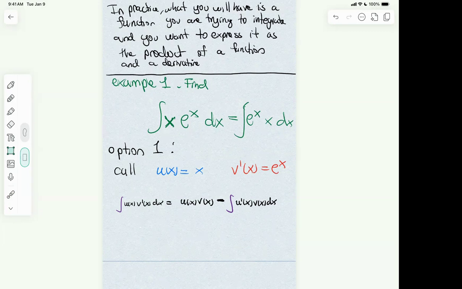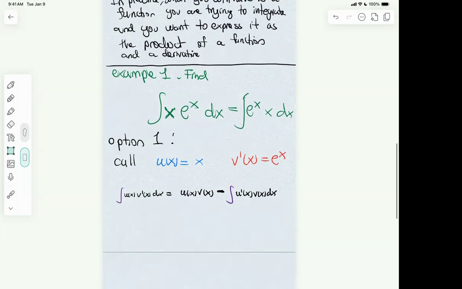The first factor is U times V. So U is x, but what is V? What we have here is V prime. But for the exponential, that's not too bad, because the integral or the derivative of the exponential is the exponential itself. That's fine.